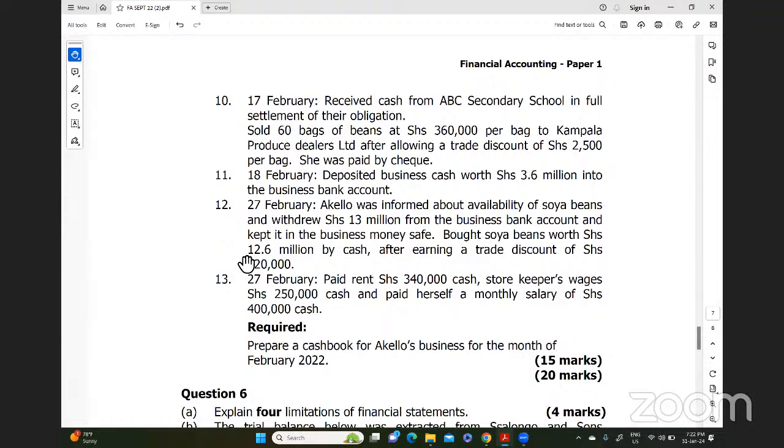Sold 60 bags of beans at shillings 360,000 per bag to Kampala Produce Dealers after allowing a trade discount of shillings 2,500 per bag. She was paid by check.